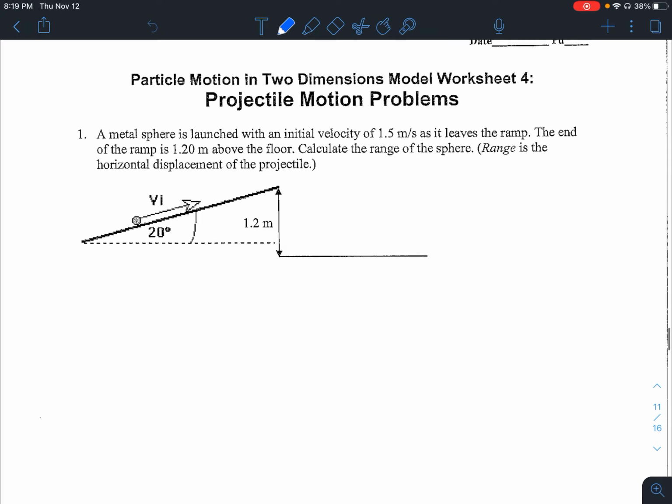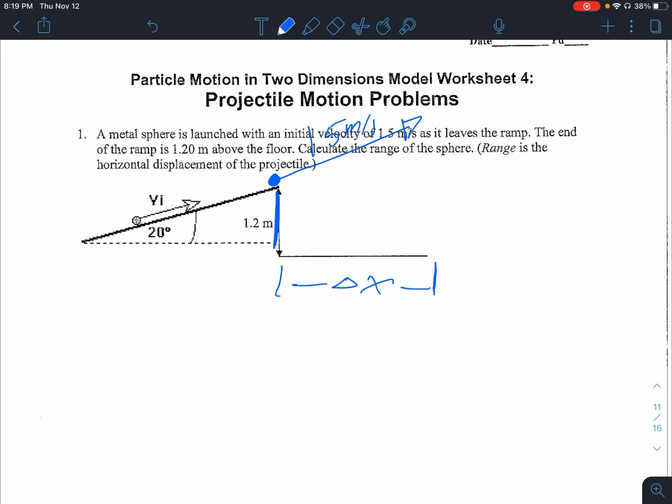The ball is really going to be here, moving at that initial velocity of 1.5 meters per second. I am going to redraw this down below, but I just want to give you guys an idea. And we know the height from the ground, and we just need to know where it's going to land, what the delta x is going to be.